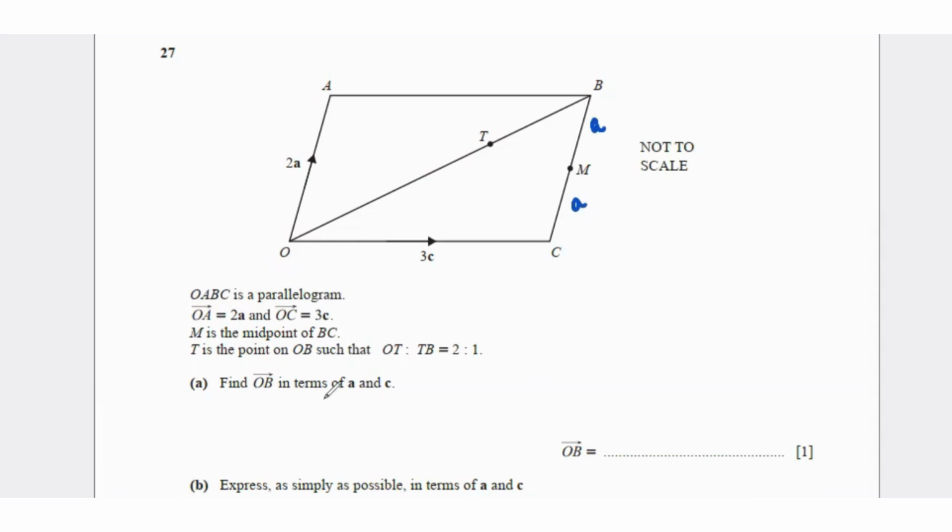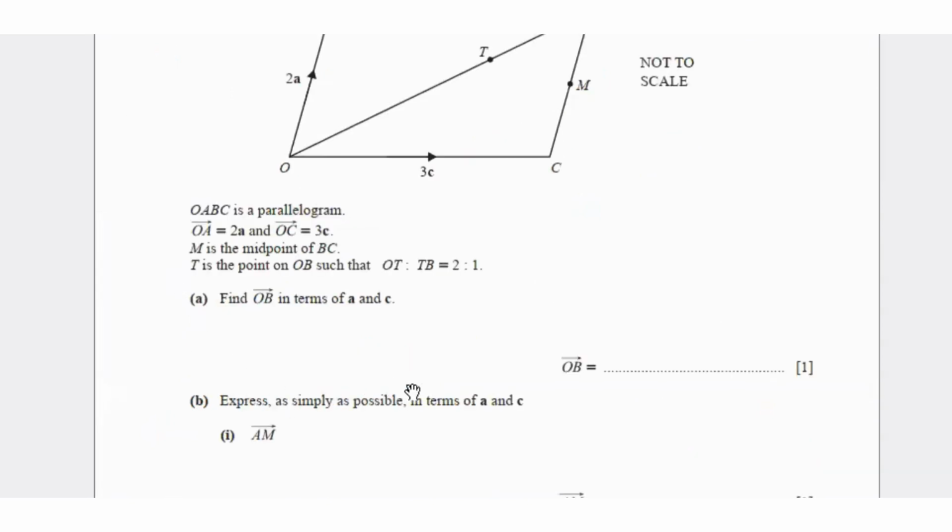You have to find OB in terms of A and C. OB would be OC plus CB, which is 3C plus 2A. That is your OB.